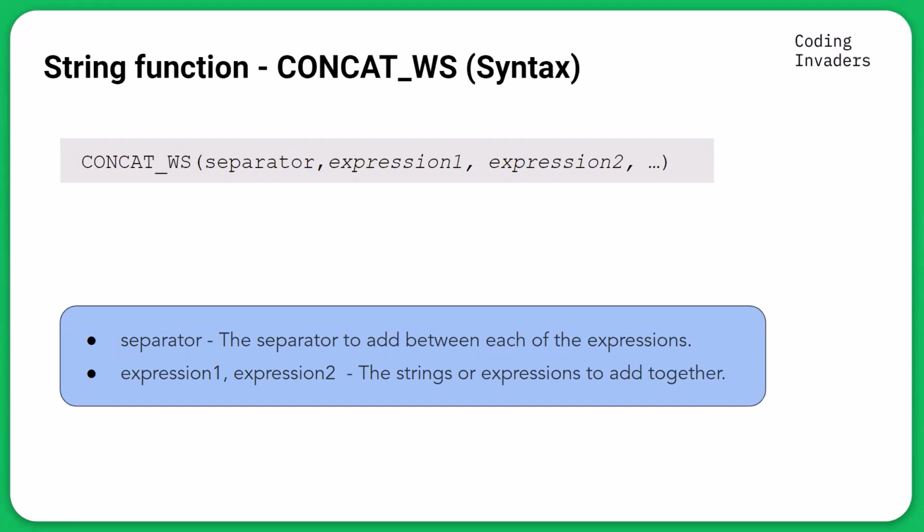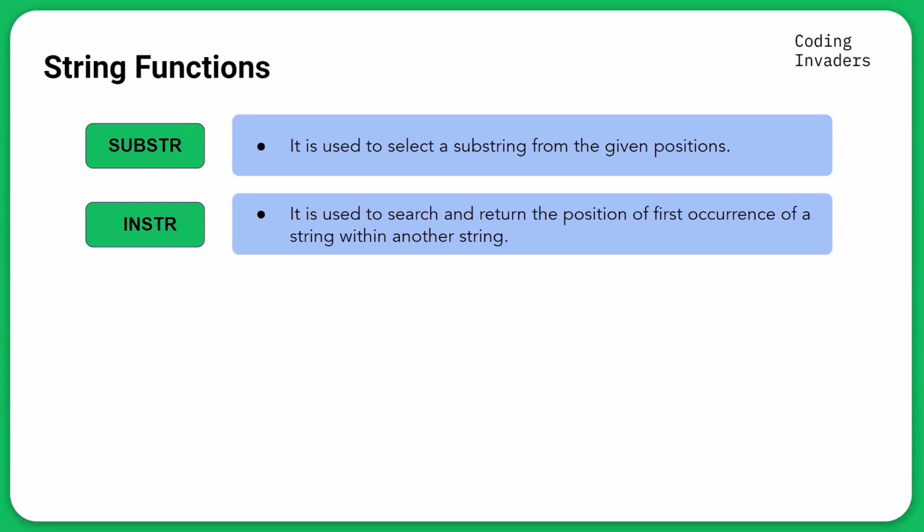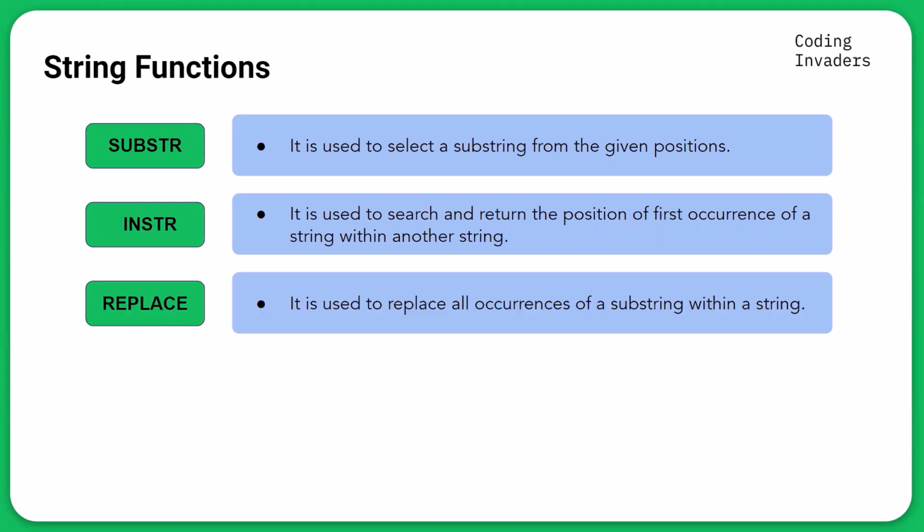Now let me just summarize whatever we have seen in this video. So first we had seen substring, which is used to get a substring from given positions. Then we saw instr, that is used to return the position of the first occurrence of a string. Then we saw replace. As the name says, it is used to replace all occurrences of a substring.